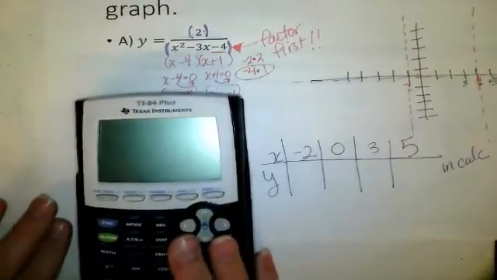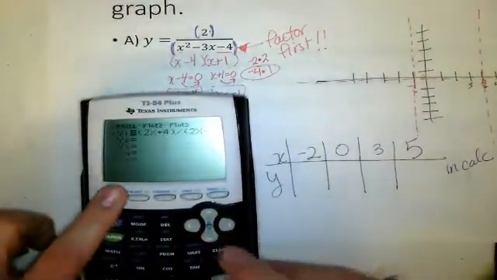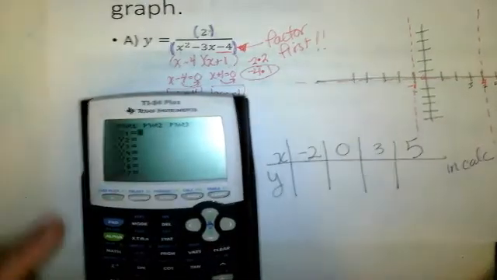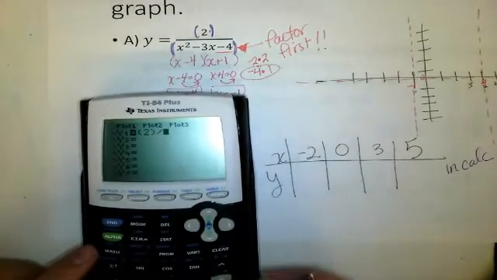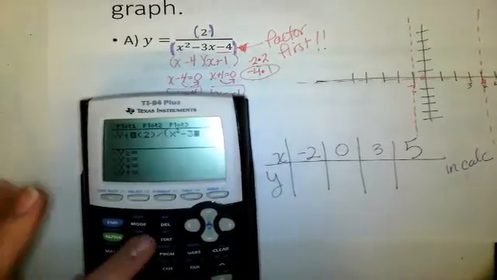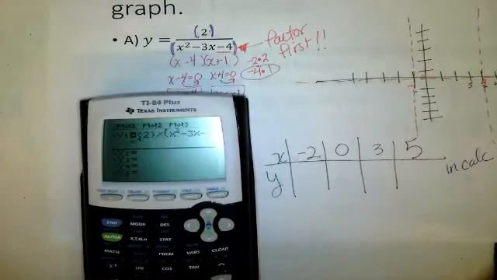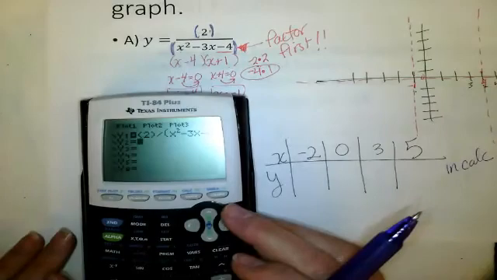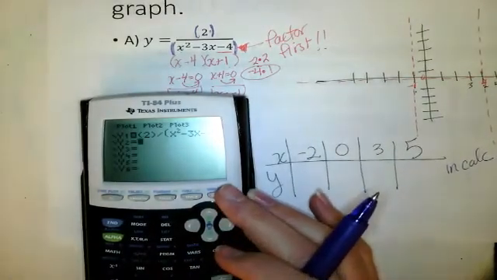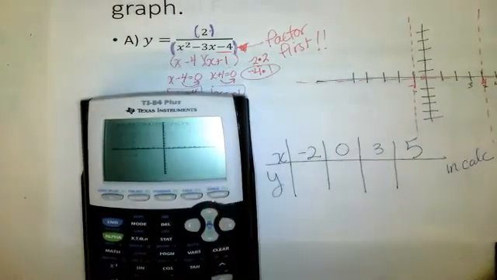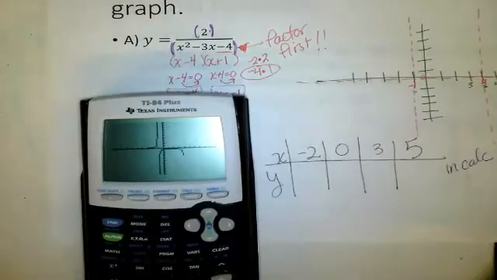So go to y equals and delete our function, and then use parentheses: 2 divided by x squared minus 3x minus 4, with all of those parentheses. Once you get that in, just hit graph. Are you doing it? You got it in already? And hit graph.